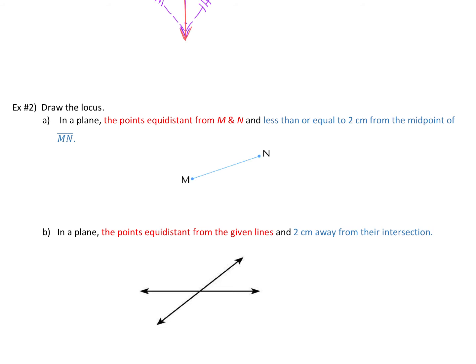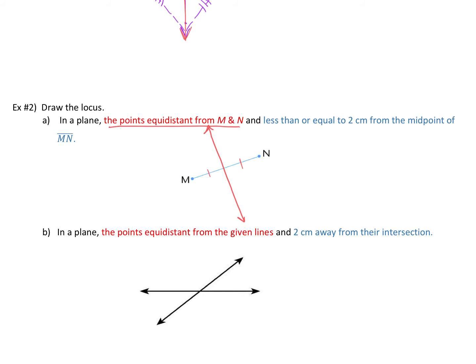Okay, so example 2 here, it says in a plane, the points equidistant from M and N. Now you just did this one. What is everything equidistant from two endpoints? The perpendicular bisector, right? So you would have a line. Yes, there's locus on the final. That red line is your locus for the red descriptor.